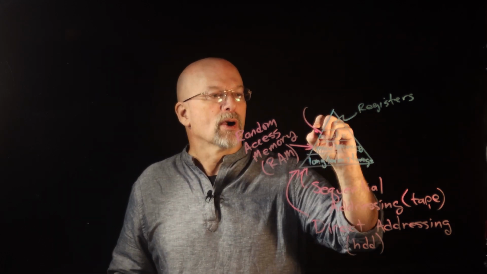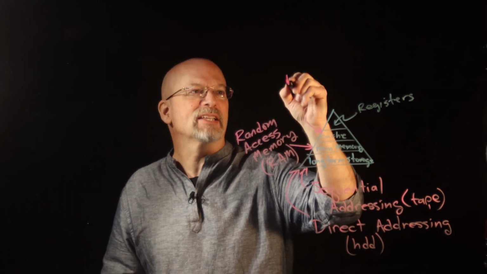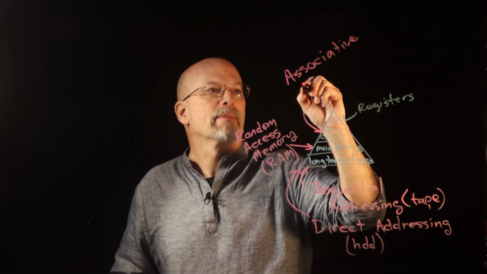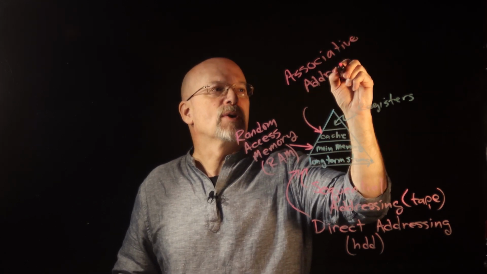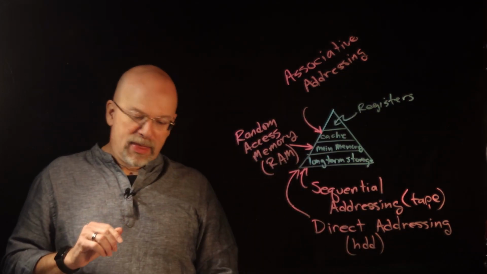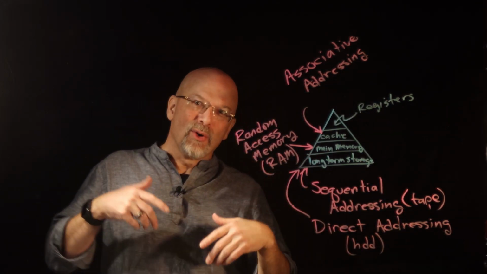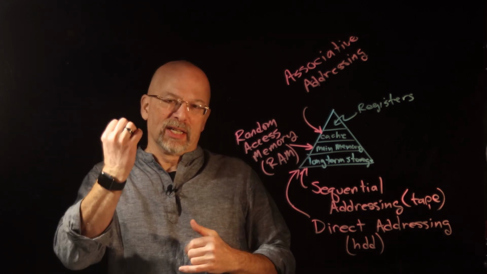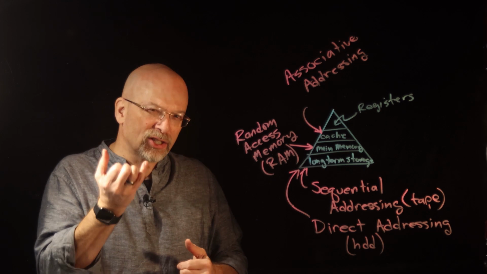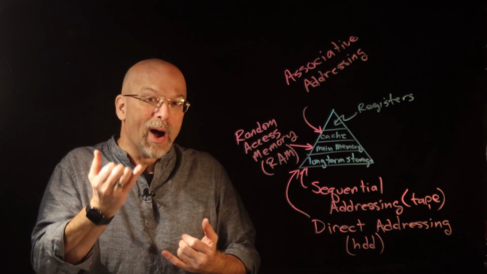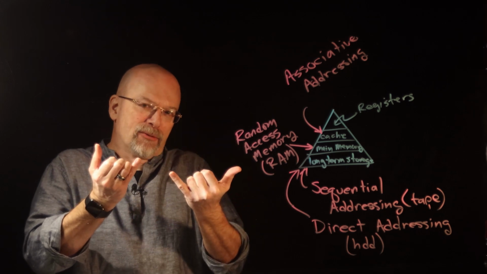There's one more, and that's the cache, and that is called associative addressing. What that does is it says, okay, there's no real address, there's no real position to expect the data in. What I need to do is take some sort of an address and something that will allow me to identify what address the data came from.